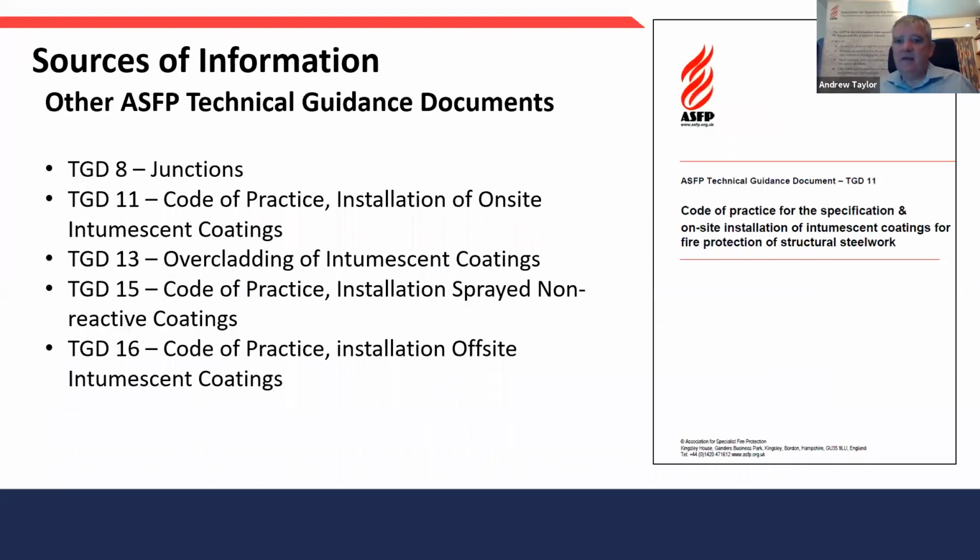Okay, a bit of an ASFP plug. Lots of information on the ASFP website, series of technical guidance documents. A lot of these are documents that have been around for a while, but they're still just as valid today, and TGD 11 and TGD 16 are still used to this day as the de facto code of practice. There's some interesting information in 8 and 13 as well.